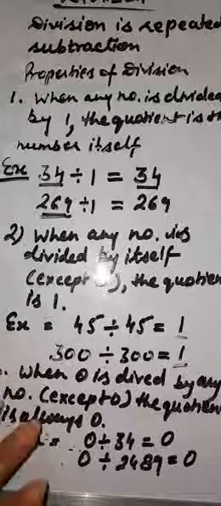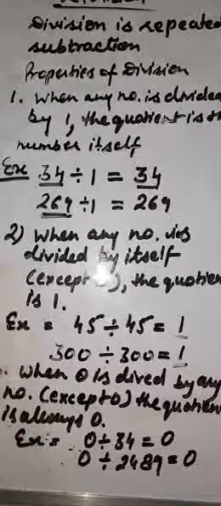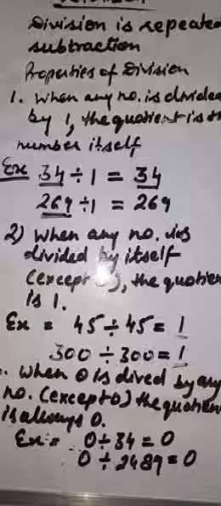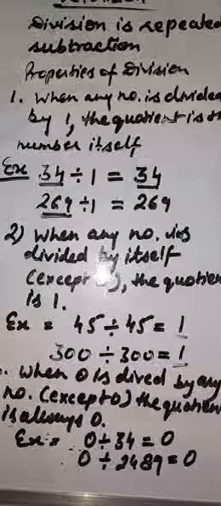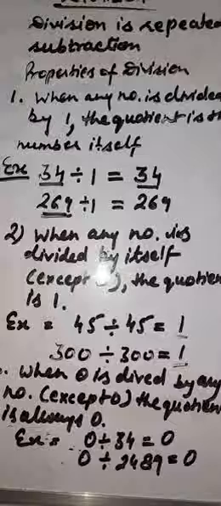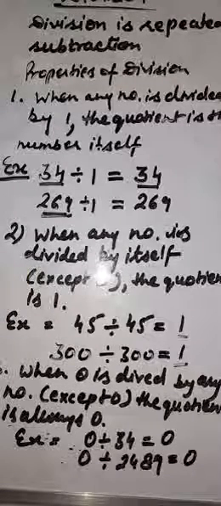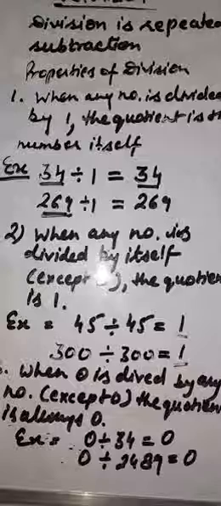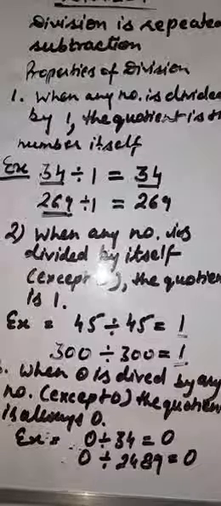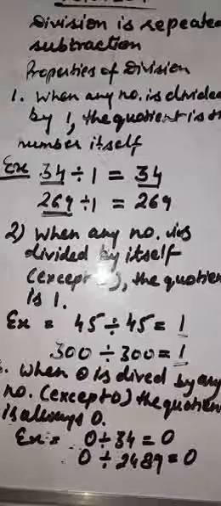In multiplication, you read that when we multiply any number by 0, the product will always be 0. So in division, when 0 is divided by any number except 0, the quotient is always 0.